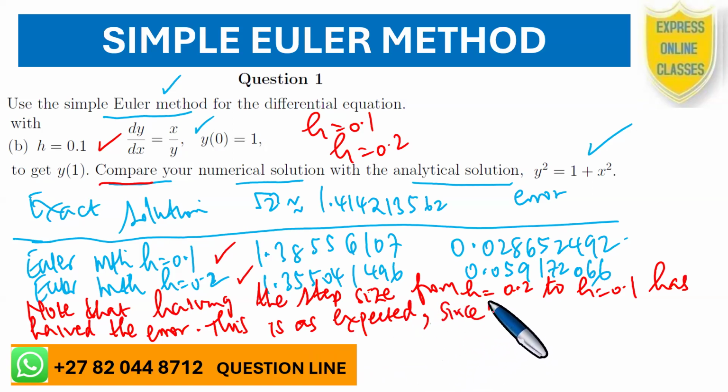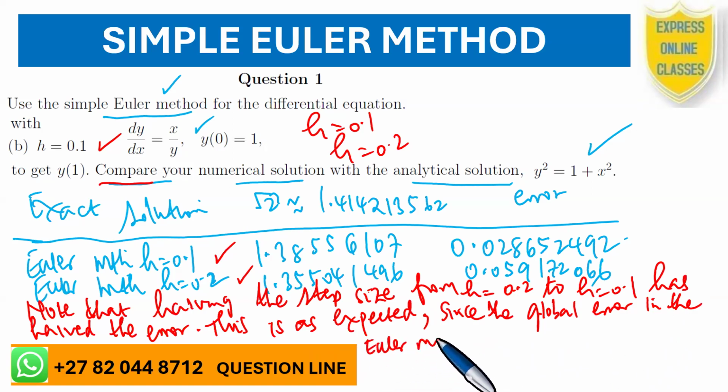Since the global error in the Euler method is big O of h, we spoke about the big O of h last time.